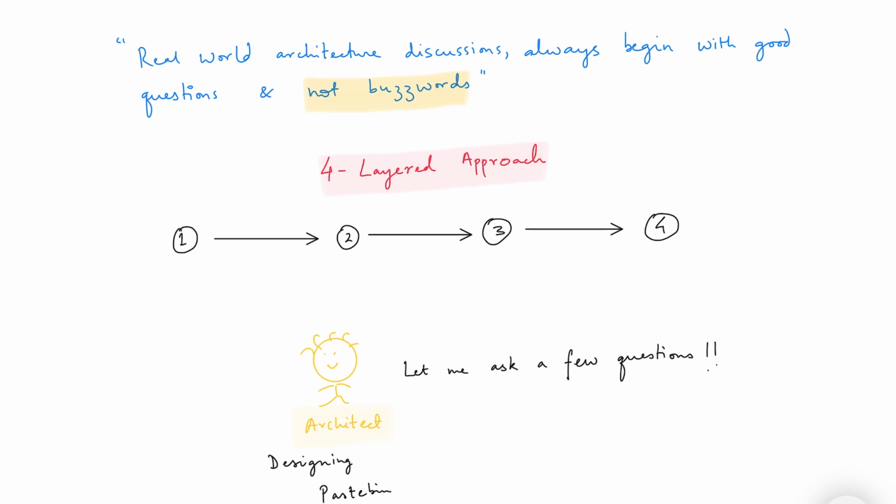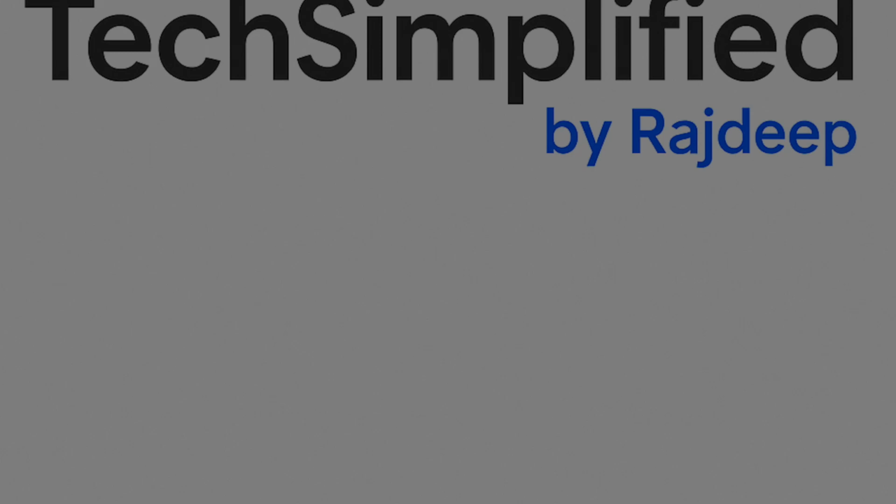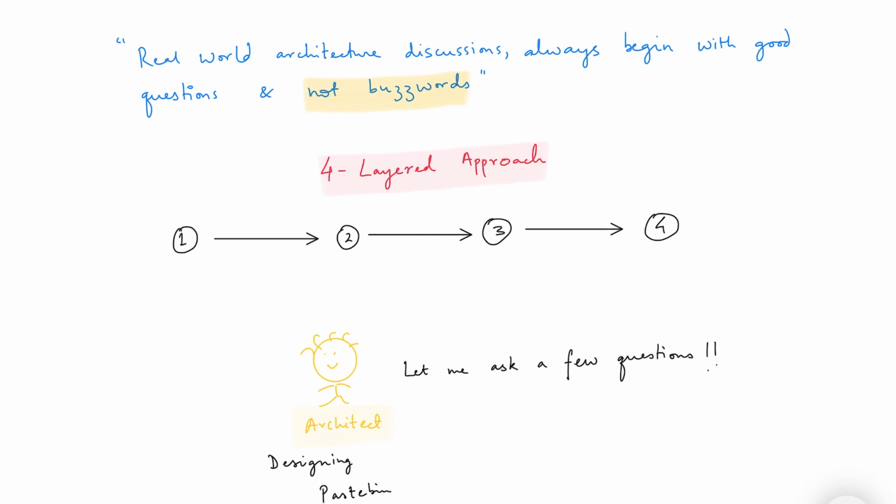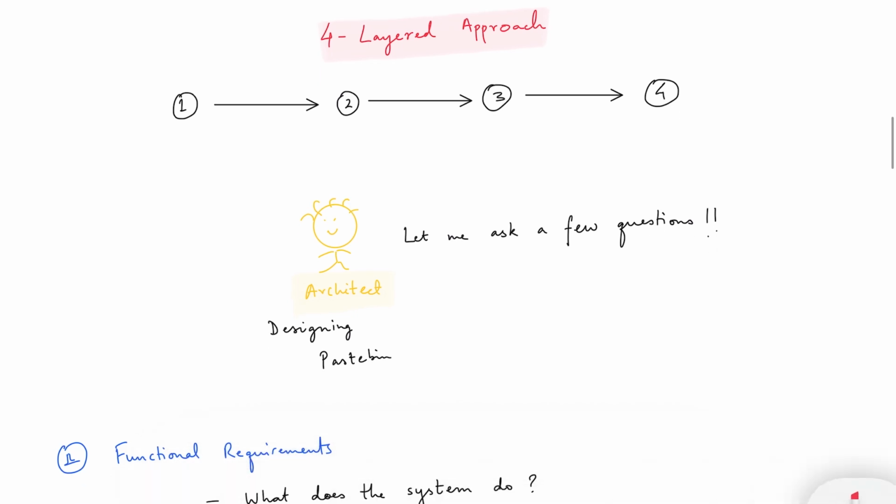So let me introduce you to this structured model that I personally use, and you can use it too. It will help you break down any vague design challenge into clarity and with proper steps. The first step in this four-layered approach is talking about functional requirements.